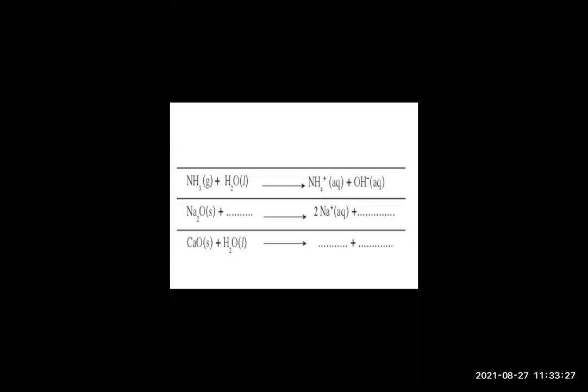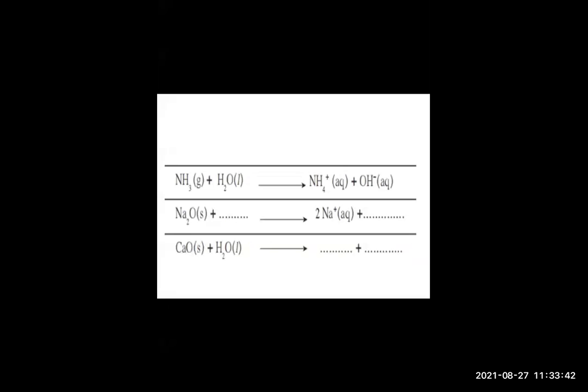With ammonia, we added water, and we got ammonium and hydroxide. Similarly, with Na2O, we had to add water. So what will come in the second box here, students? H2O. Okay, that is water.